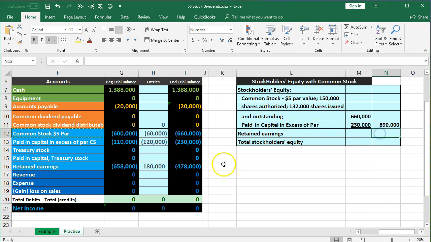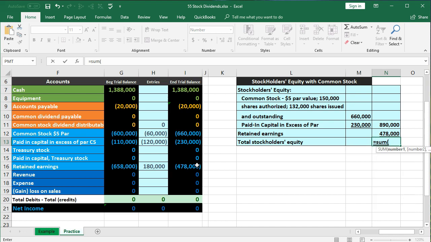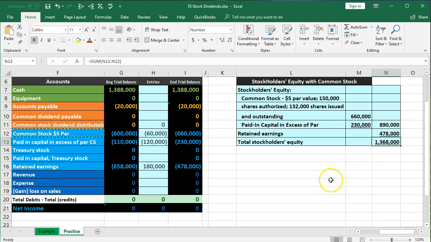So with the retained earnings then going down, we're going to pick up that retained earnings with a negative of that number. And then we'll just sum these two up, equals the sum of the 890 and the 478, or the 1,368,000. So again, this represents if we had one person own all the company, own all the stock, the company then would be worth or have a book value or owe the stockholder 1,368,000, which represents assets minus liabilities.